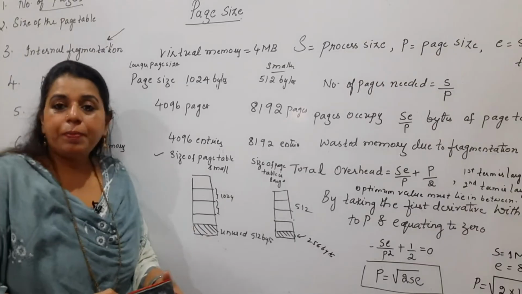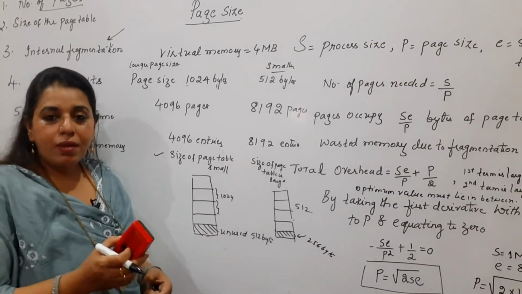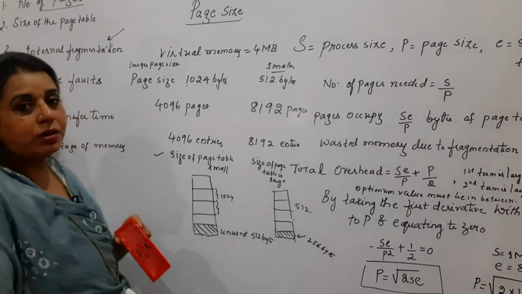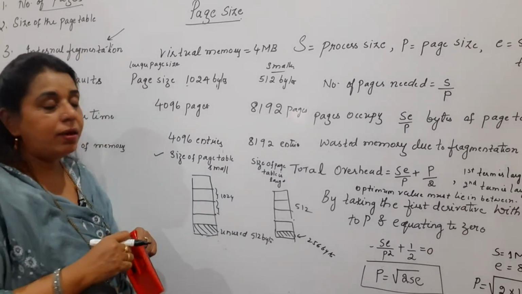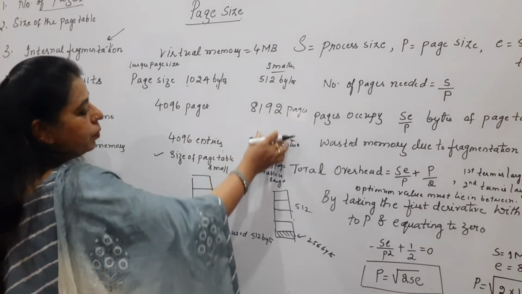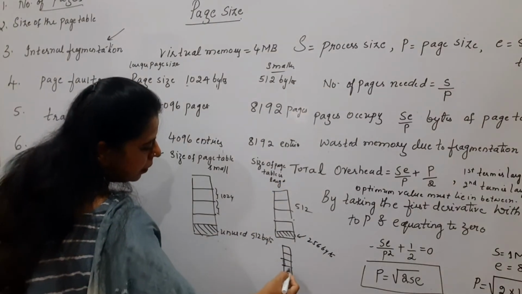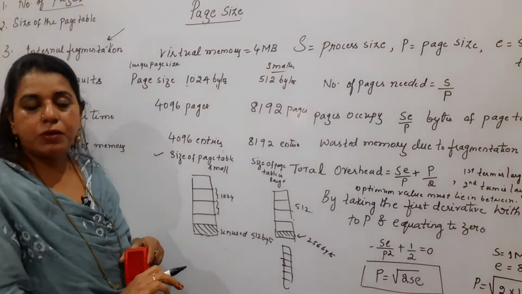So what is it that we prefer? We always prefer lesser internal fragmentation. Next is page faults. What is the impact of page faults here? If the number of pages is more, the contents of the pages are also less.